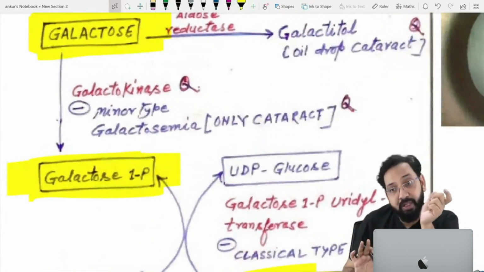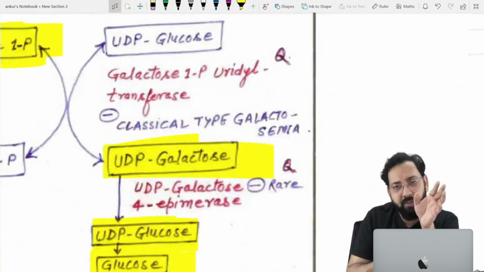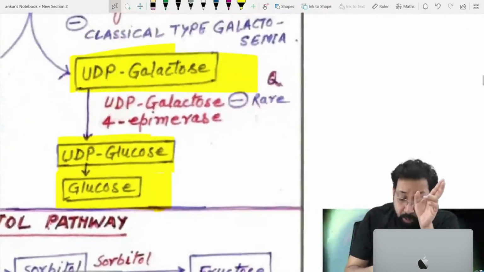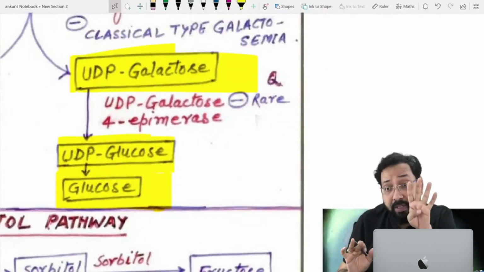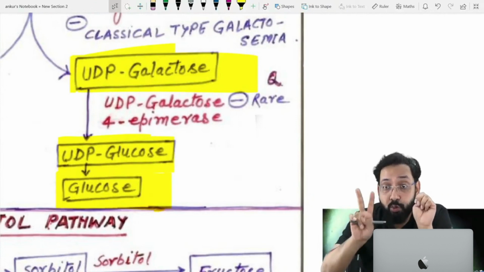Option A, galactokinase, involved. Option B, galactose 1 phosphate uridyl transferase, involved. Option C, UDP galactose 4 epimerase. And option D was UDP galactose 2 epimerase.